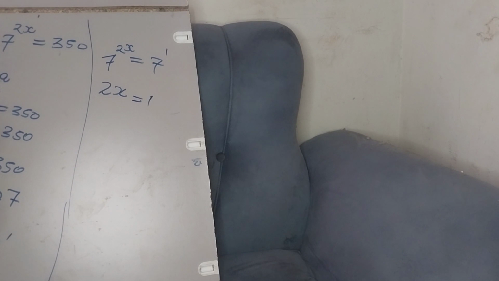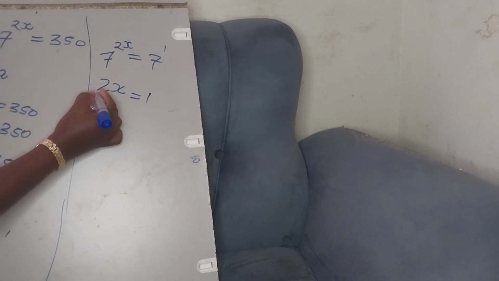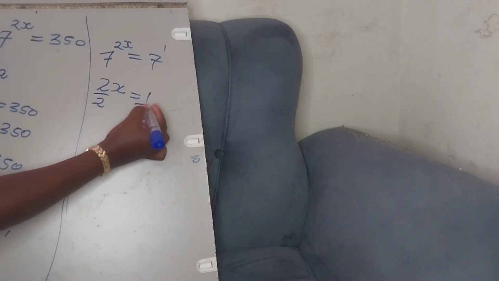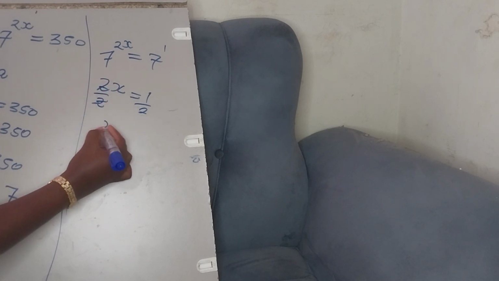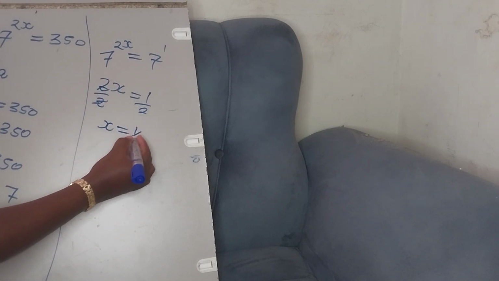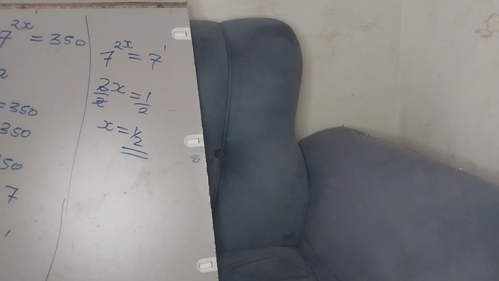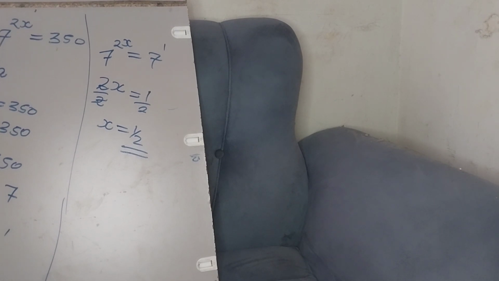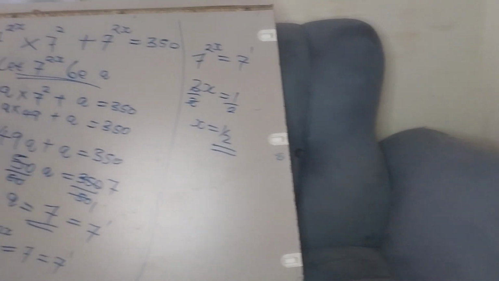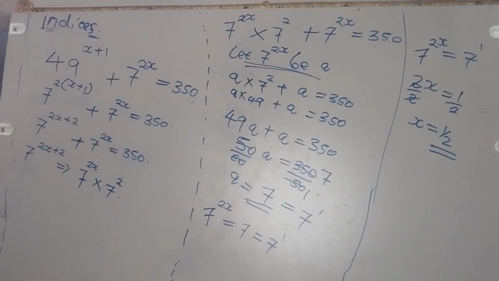Now we were solving for the value of x. You divide both sides by 2 to get the value of x. So the only value of x we have is a half. Clear work. Everything well elaborated. That is what mathematics needs. Goodbye, student.